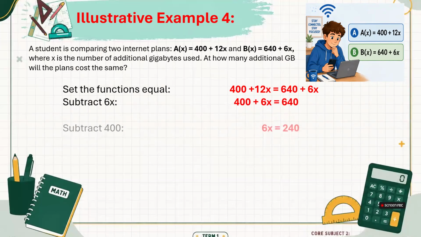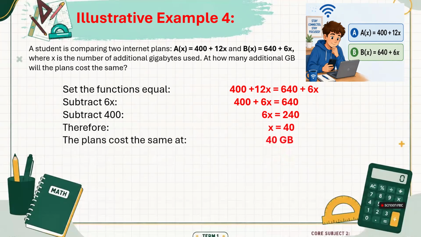So that becomes 6x is equal to 240. And of course, for the last step, we divide by 6. So that is x equals 40. Therefore, the two plans have the same cost at 40 gig.